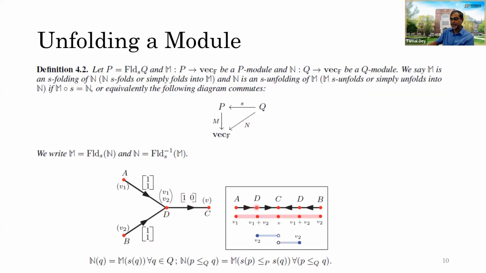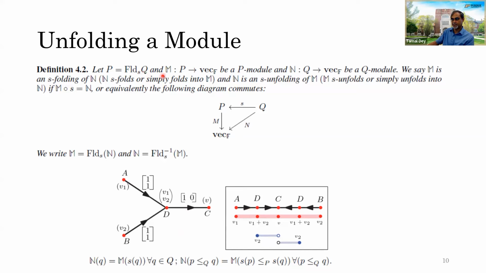For example, the D will have the same vector space given by the vectors V1 and V2 as the basis, at both points D, here. Same vector space will come. Okay, that's the first condition. And of course, the internal maps also have to respect the internal maps here. Okay, so that's the unfolding of a module M.